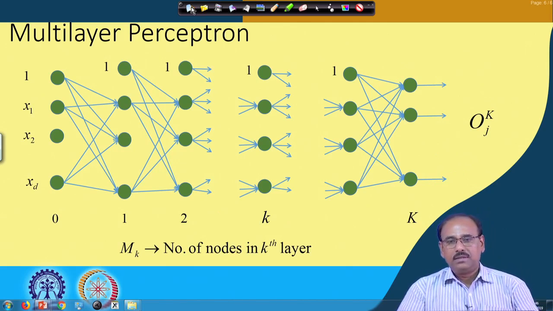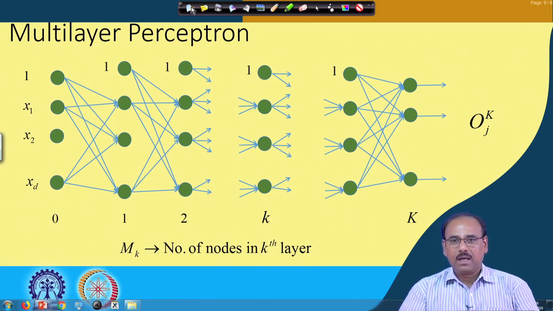Unlike in the case of a single layered neural network, where training was very simple because I had to update the connection weights from the input layer to the output layer, in this case the training for the output layer and the training for the hidden layers will be slightly different.